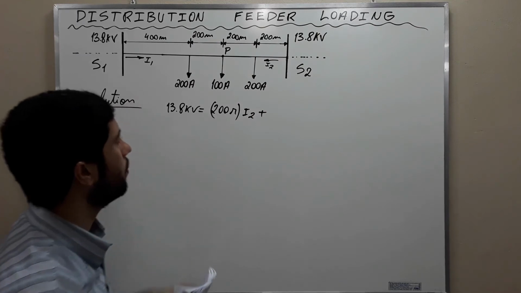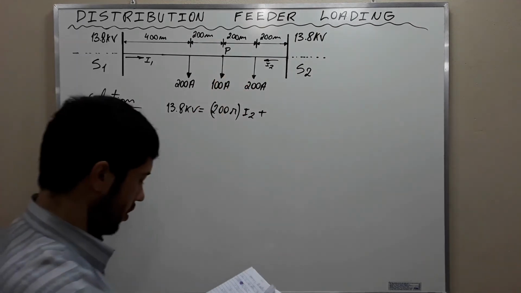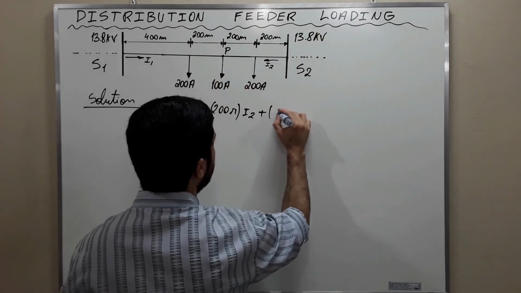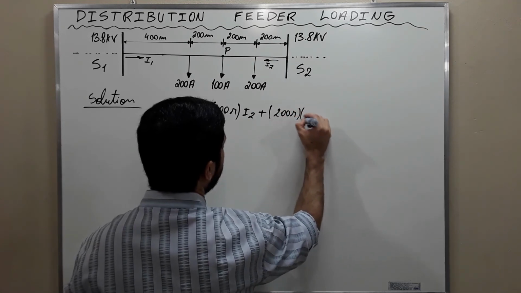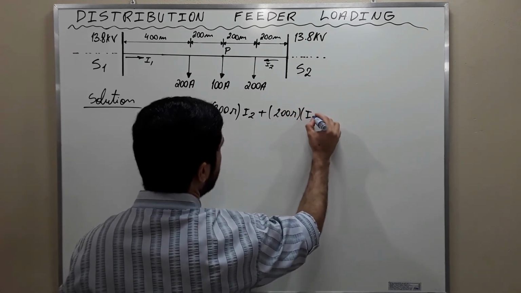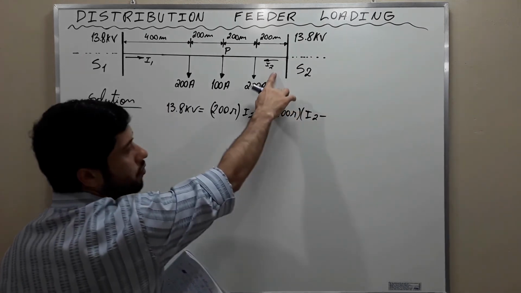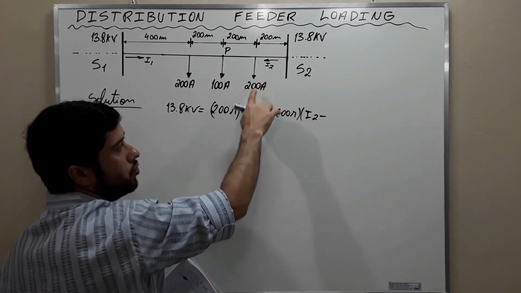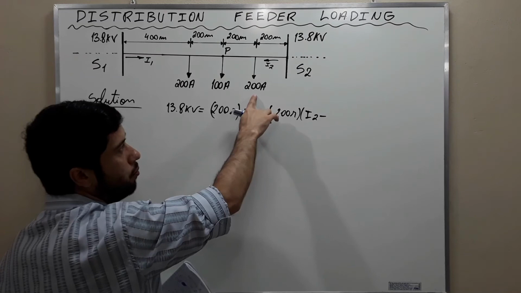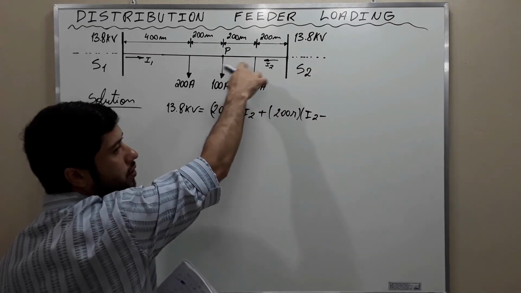The same will be applied to this segment here, which is going to be 200R times I2 minus, now it is not I2 fully, it is I2 minus 200 amperes, the current that flows along this segment.